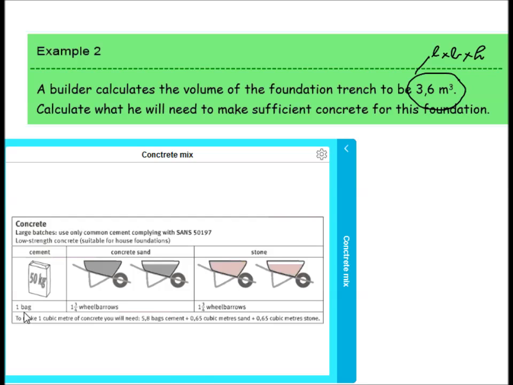Look at the bottom line. It says to make 1 cubic meter of concrete, you will need 5,8 bags of cement and 0,65 cubic meters of sand and 0,65 cubic meters of stone. Right, how are we going to work this out?